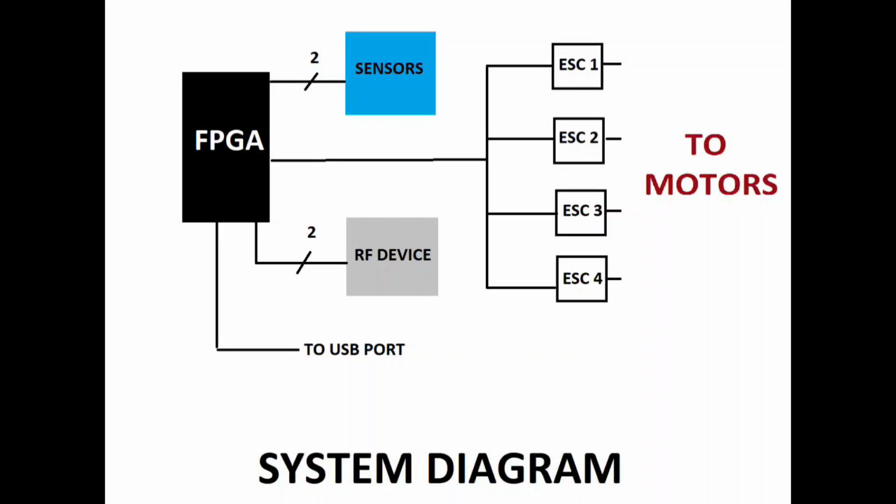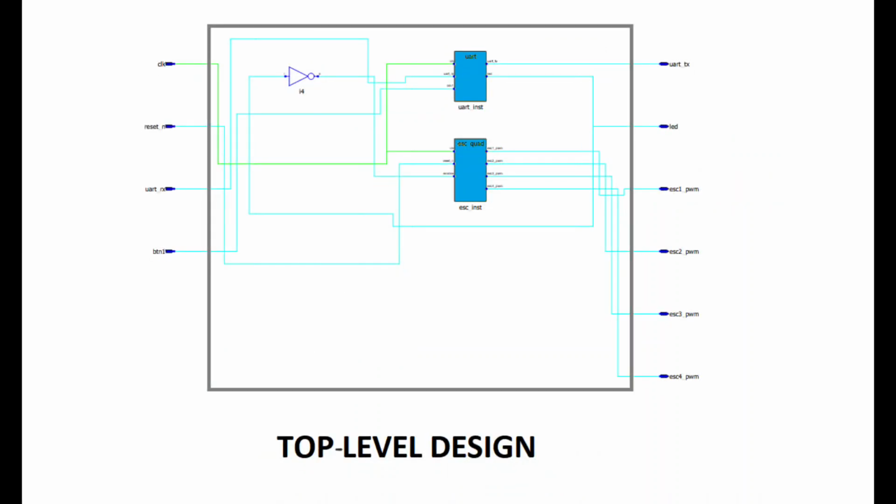This provides feedback such as orientation or acceleration data, an RF device which is connected to the FPGA, which enables wireless communications with the Android phone, and finally the USB connection to a PC, which is just being used to debug.